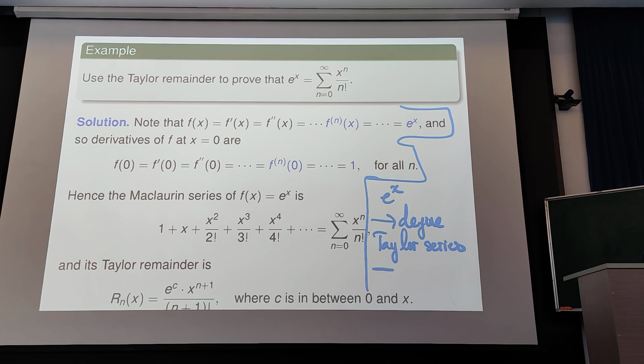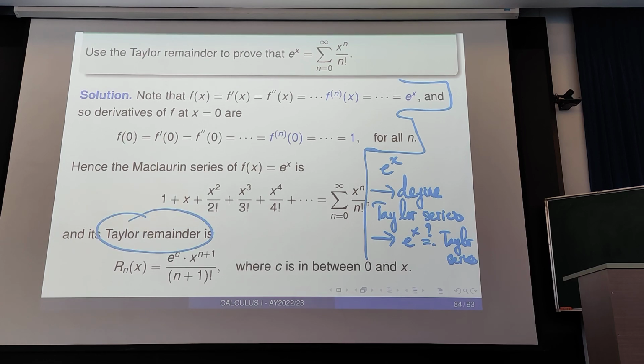And we want to verify whether e power x is equal to its Taylor series or not. You agree? If we want to have this equality, we need to prove that the limit of the Taylor remainder equals 0. That is all we need to remember. Okay.